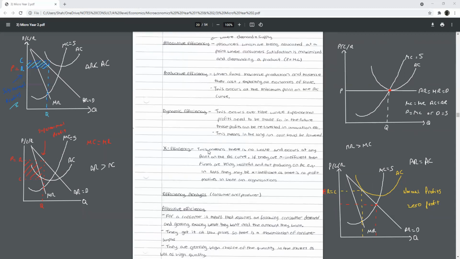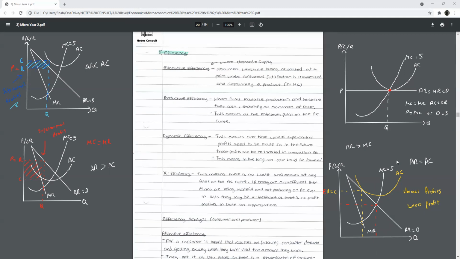What's X efficiency? So this means there is no waste and occurs at any point on the AC curve. So if you're producing at any point on the AC curve, that means you're not being wasteful, basically. So if we look at, for example, the monopolistic diagram, we are producing on the AC curve because we touch it here.